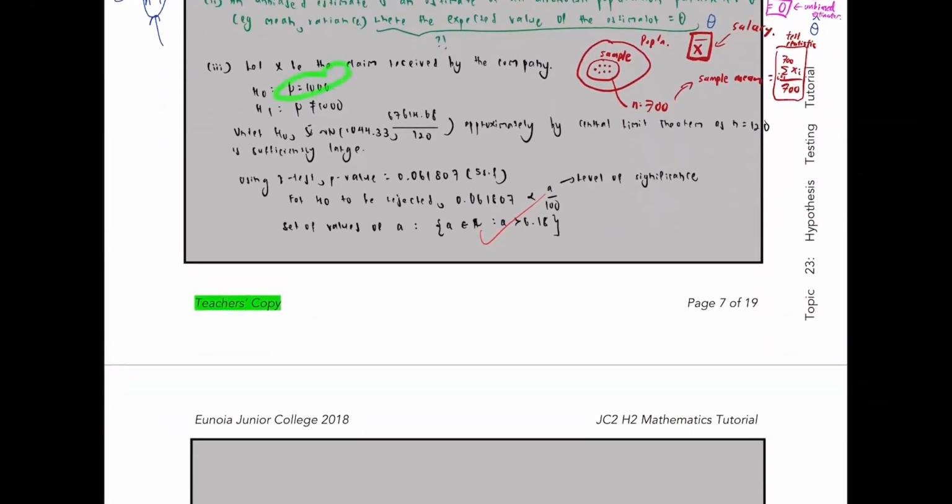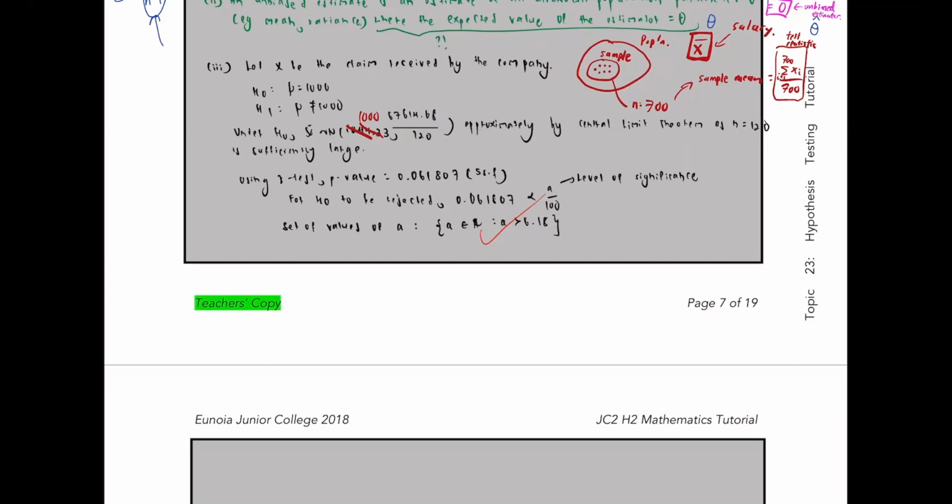Okay, so you start off with H0: mu equal to 1,000, H1: mu not equal to 1,000. Under H0, X bar is distributed with mean 1,000, this shouldn't be the sample mean, it should just be 1,000. And the variance, sigma square over, sorry, S square, right?